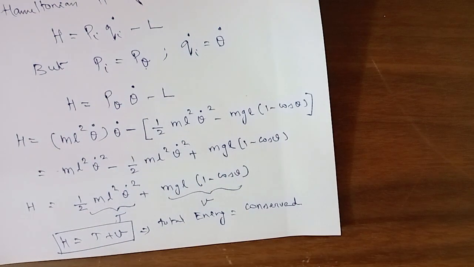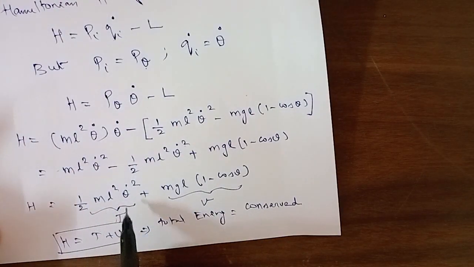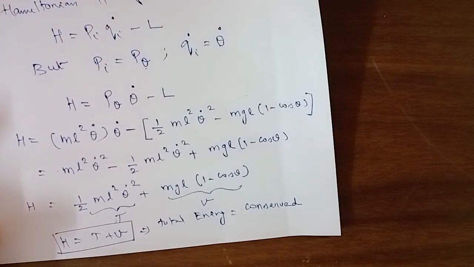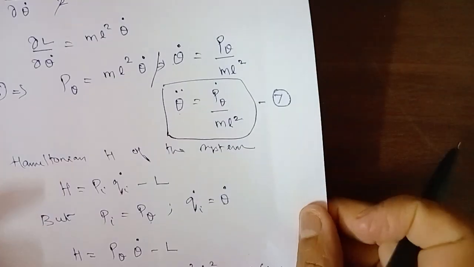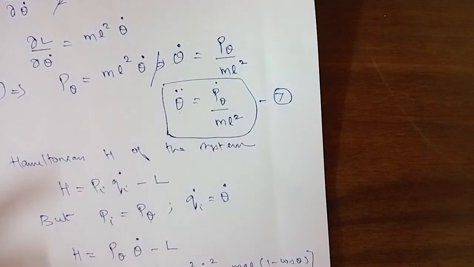Now, instead of this theta dot square, you substitute the value of theta dot here. Theta dot is equal to P theta by ml square. Similarly for theta double dot, we will see the derivation.